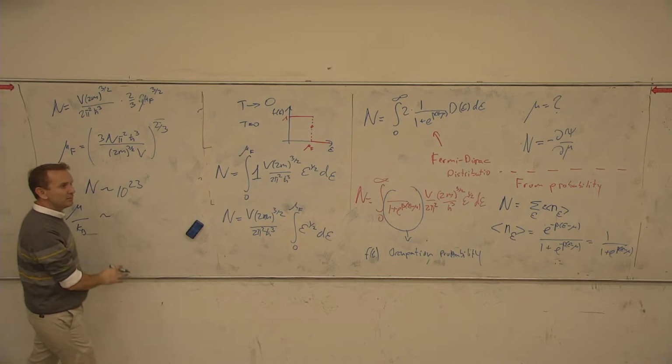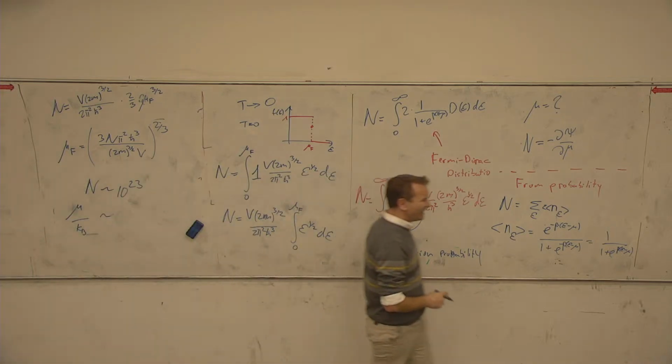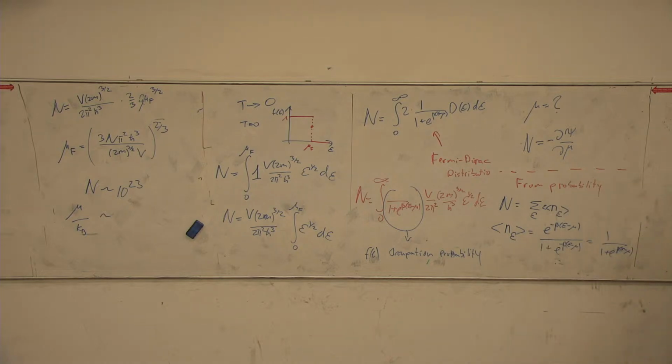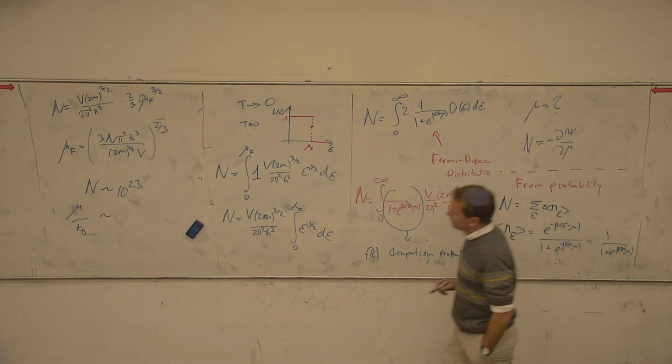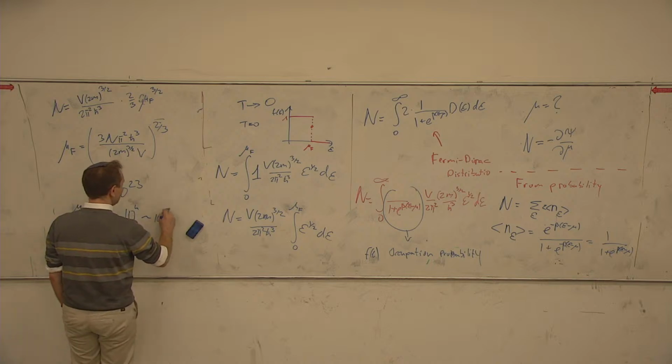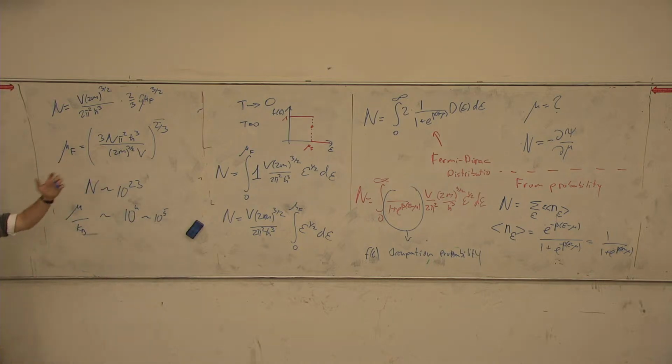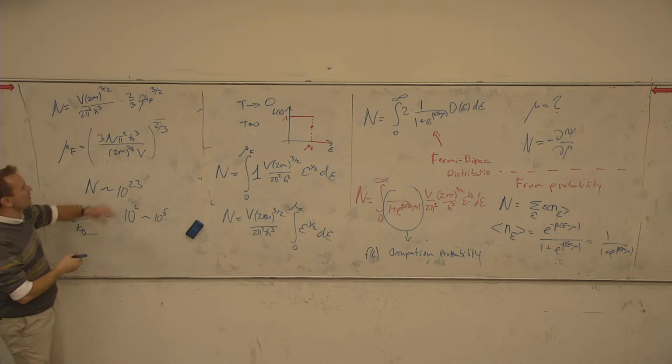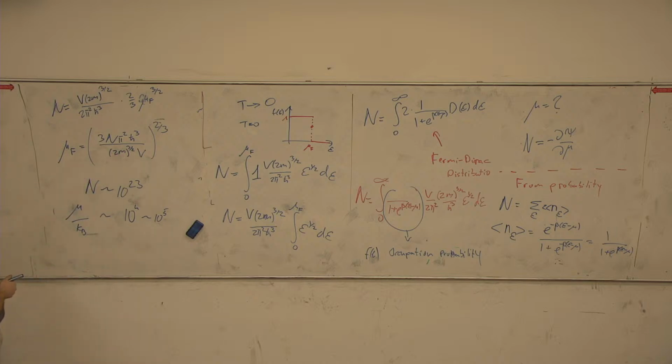It is on the order of 10 to the 4 up to 10 to the 5, when I include a regular volume, the h bar cubed and the mass of the electrons.